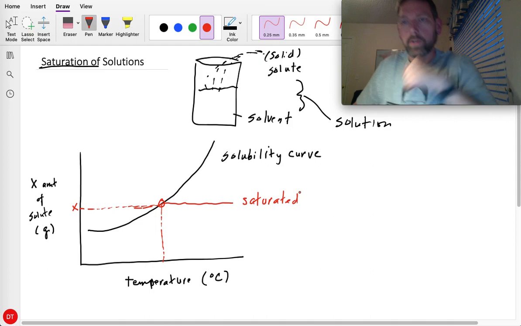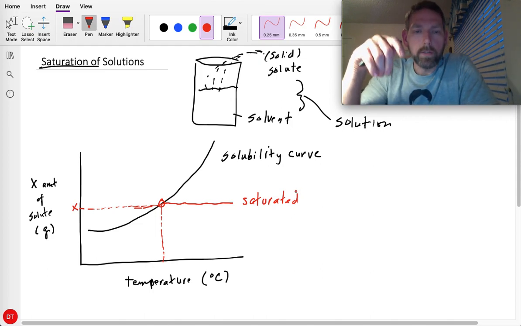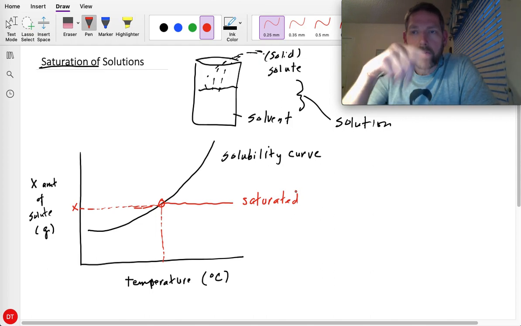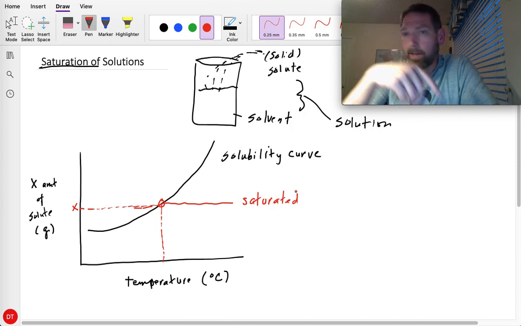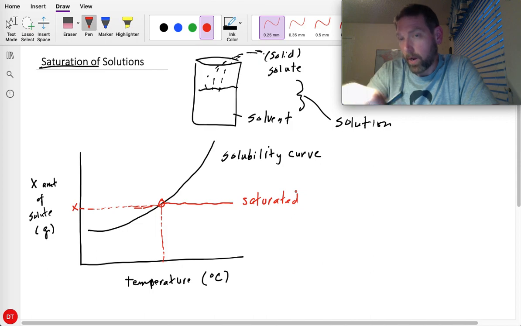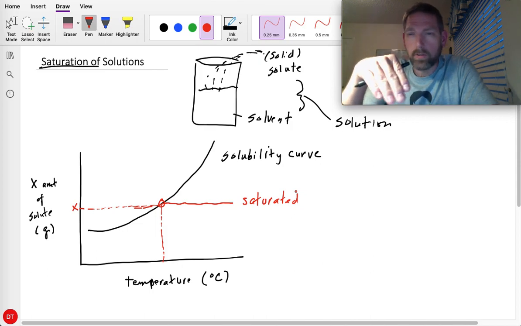What that means is at that temperature, there's the maximum amount of solute in that amount of water that I can have. And we're going to look at that very shortly, some very specific examples. But this is just a basic concept.